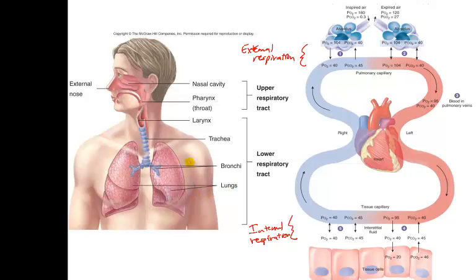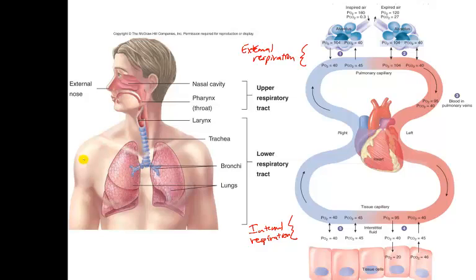Looking at the respiratory tract, which one of these parts is basically responsible for actually doing the movement of air? And it's kind of a trick question because the answer is none. None of these parts can move in a way that can cause air to blow in and out.